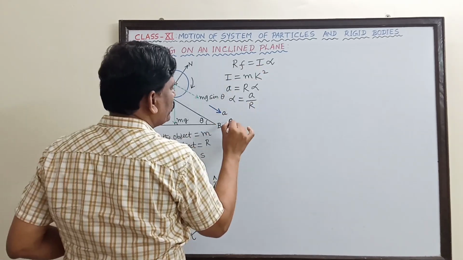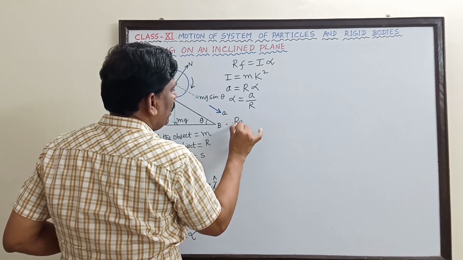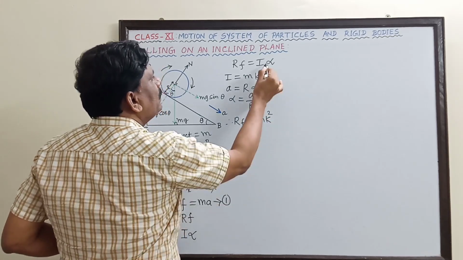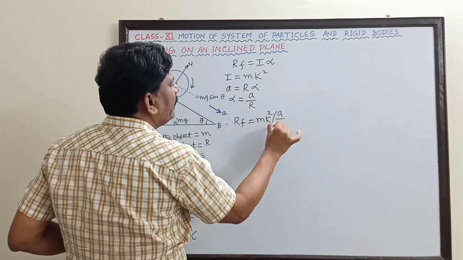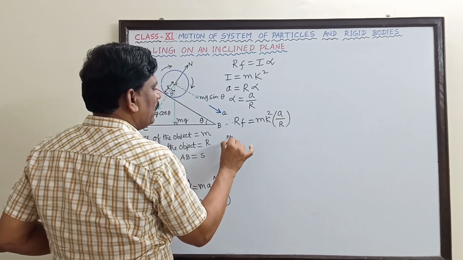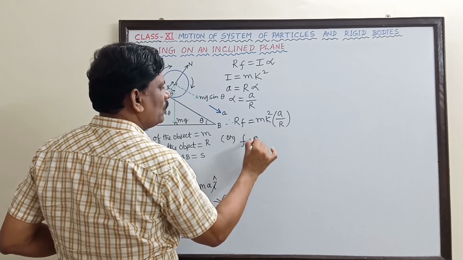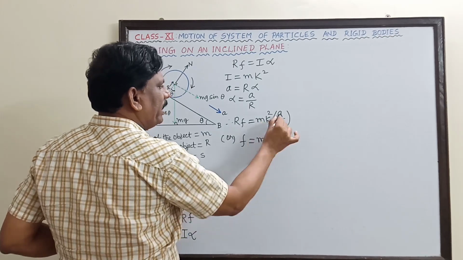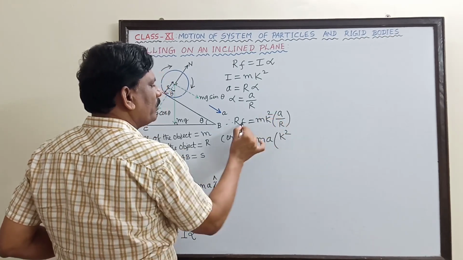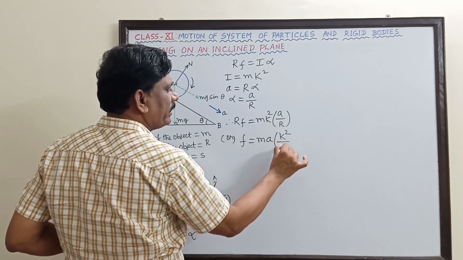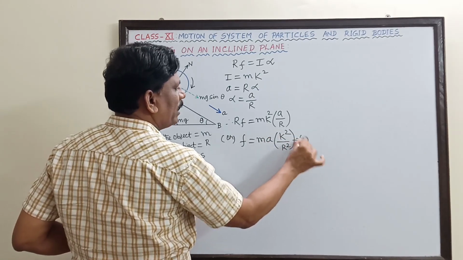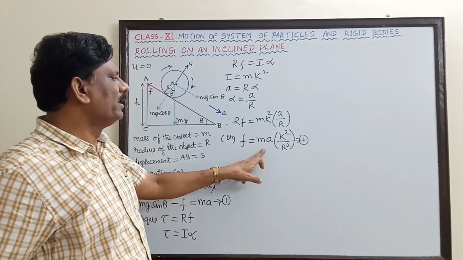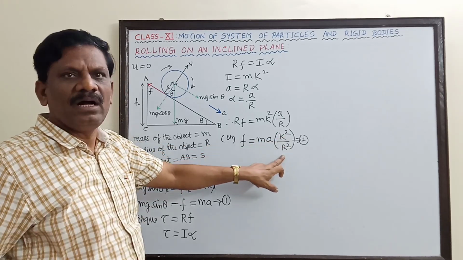So now in this equation, r into f is equal to mk square into a by r, or I can write f is now equal to m into a into, ma I have taken, so in the bracket I will write k square by r square. So this is our equation number 2. So f is equal to ma into k square by r square.